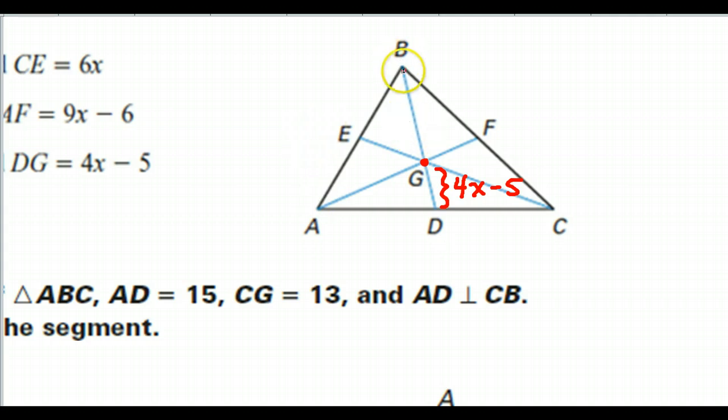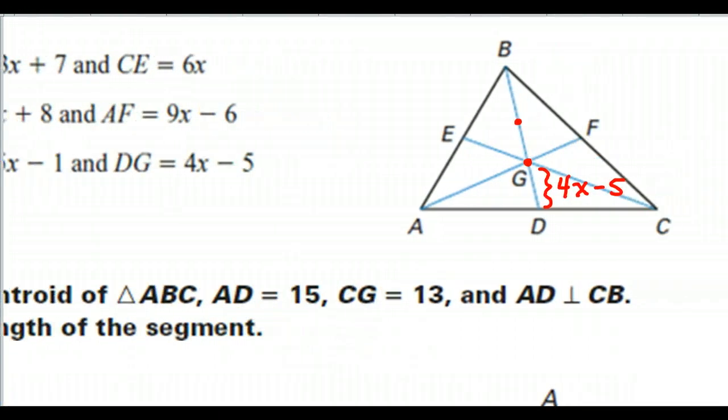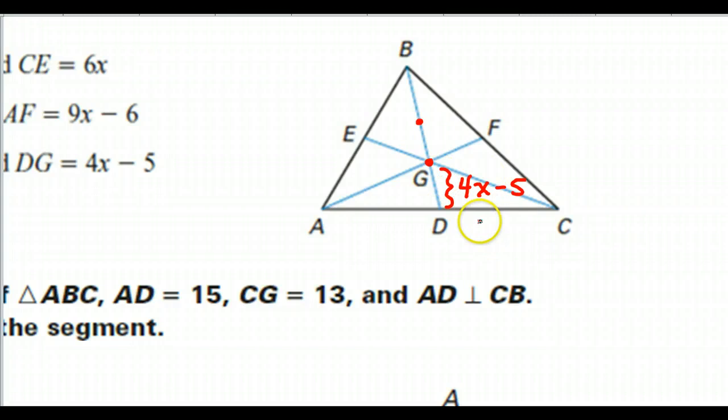I always want to see my three equal parts. So again, I'm going to take the longer piece and split that in half. Now I'm going to go back and worry about the 5x minus 1 later. I'll use that part to make my equation. I'm going to focus on this small piece though. If DG is 4x minus 5, what's the value of this little piece right here? Guess what?